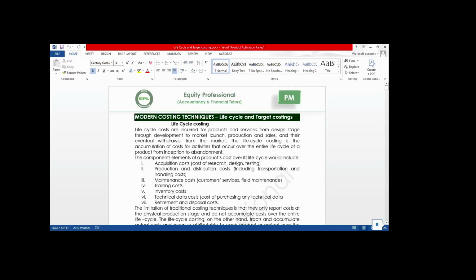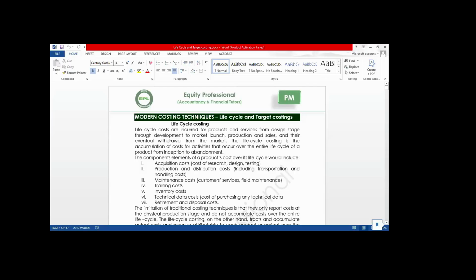In the traditional costing system, production processes are largely driven by labor. Human beings are used to achieve production.